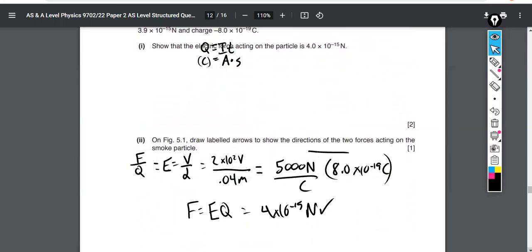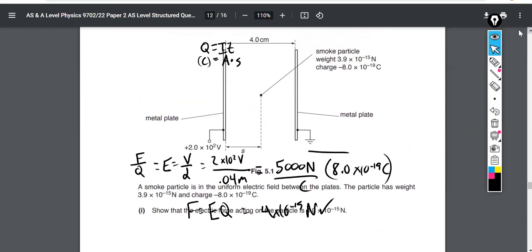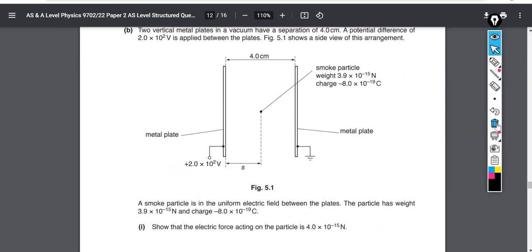It says on figure 5.1, draw labeled arrows to show the directions of the 2 forces acting on the smoke particle. So if we look at the figure here, we can see that there's a positive plate on this side. And so the rule for the direction of an electric field is how would a positive test charge move? Well, a positive test charge like a proton would be repelled by this positive plate, right? Like charges repelling each other.